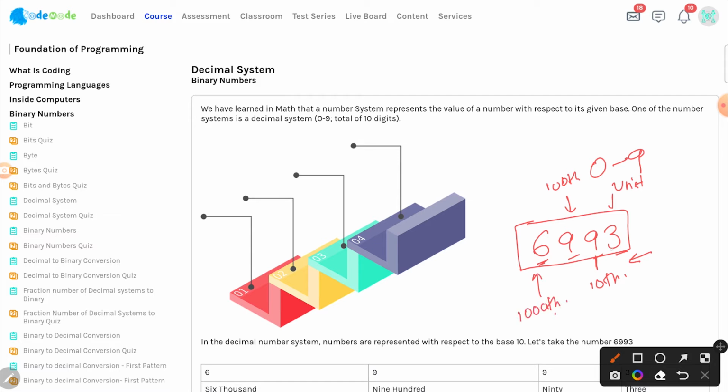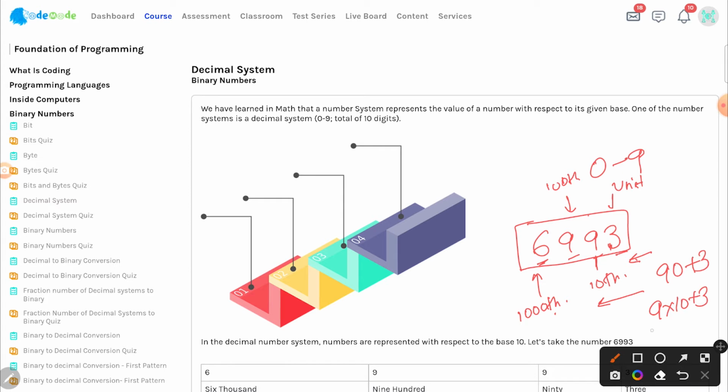The number 3 is at unit position, and as you go from right to left, the number itself has a higher weightage, because 93 is nothing but 90 plus 3, which is 9 multiplied by 10 plus 3.